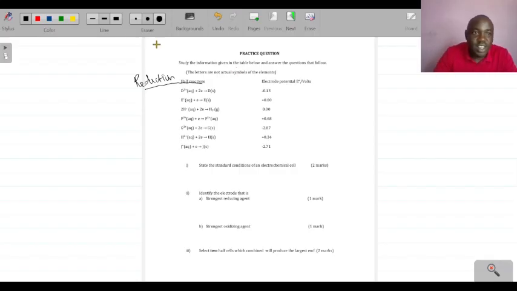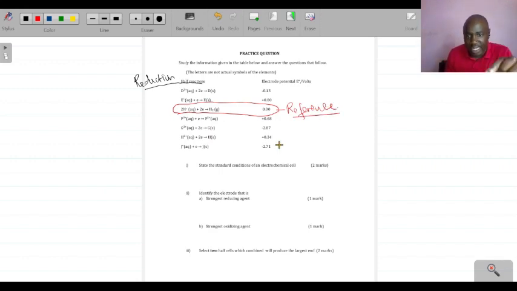And of course, we have our hydrogen. Let me just circle it for clarity. So there we have our hydrogen. As you can see, it has been assigned. So this is going to be our reference.